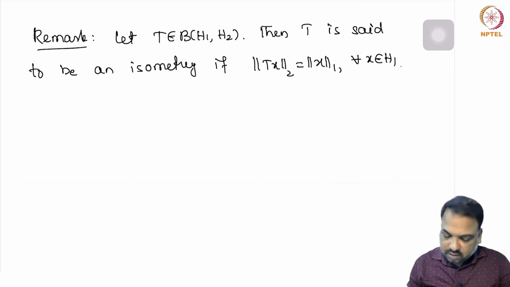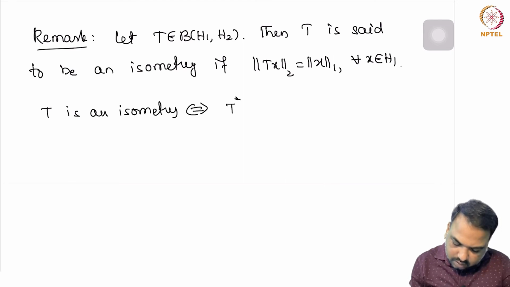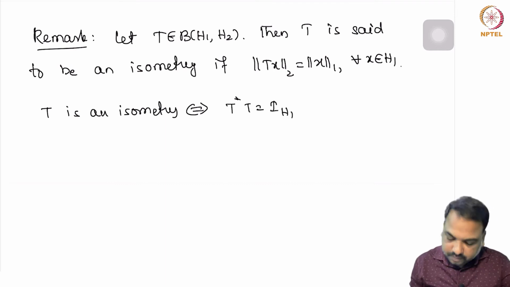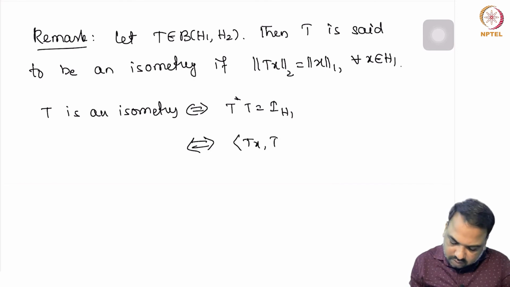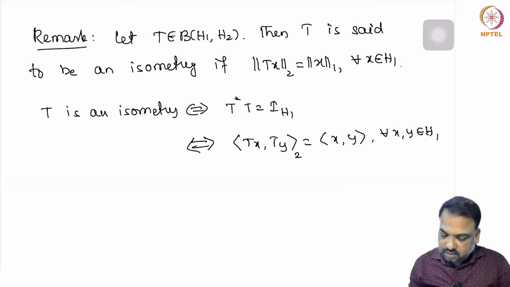So in this case we can show that T is an isometry if and only if T*T is identity on the Hilbert space H1, and that is if and only if inner product Tx with Ty is inner product x with y for every x, y in H1. This is the inner product in the second Hilbert space, and this is the inner product in the first Hilbert space.